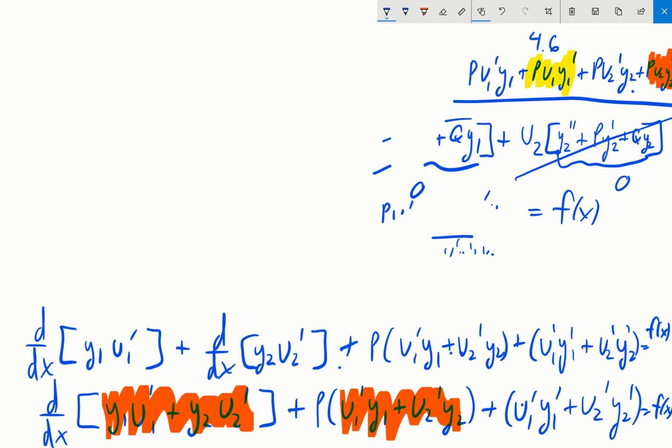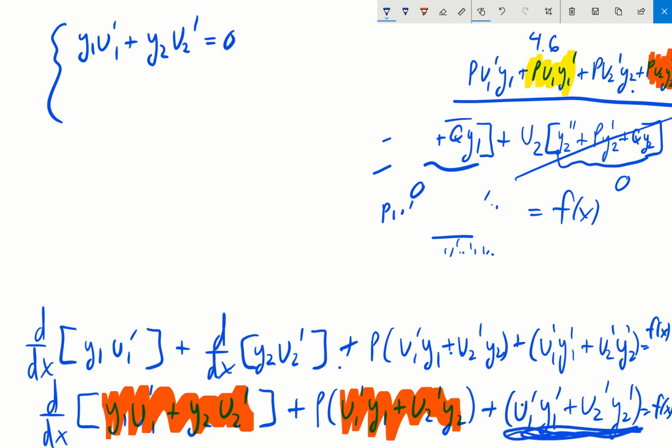One equation is going to come from assuming, and we can do this, and I'm going to claim it without proof, but it's true, that this is equal to 0. If that expression is 0, then this would be 0, this would be 0, and then the second equation we get is that whatever's left over has to be equal to f of x.